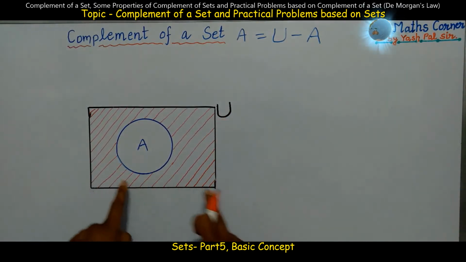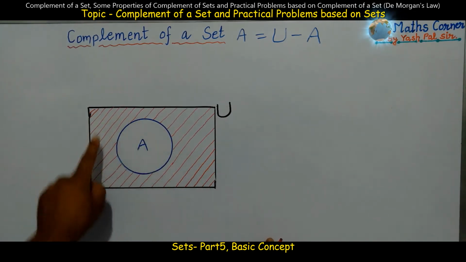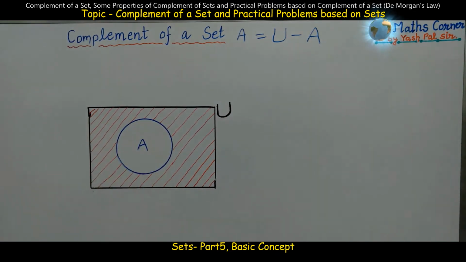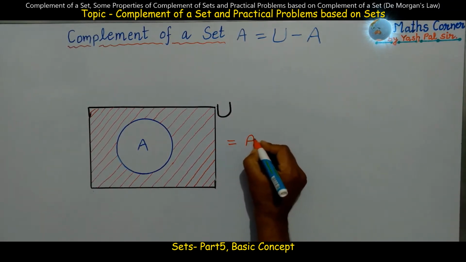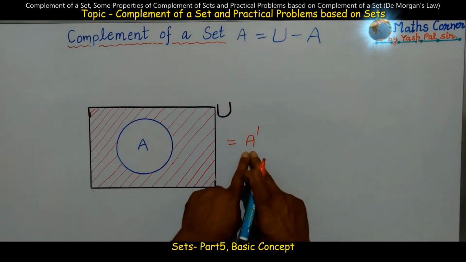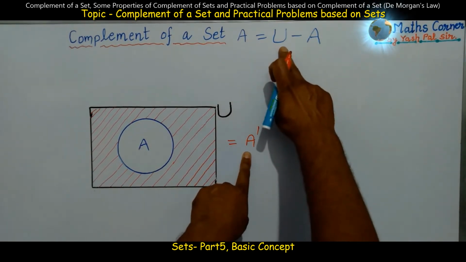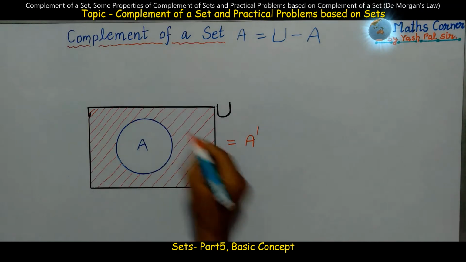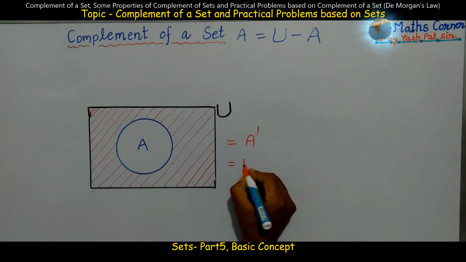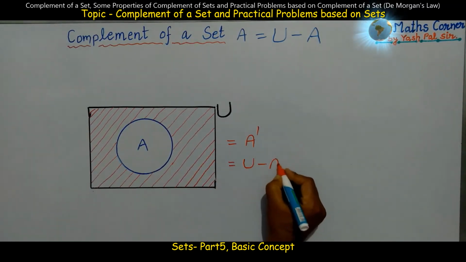The shaded area in red ink is the result, that is, this is A complement, which is equal to universal set minus A.